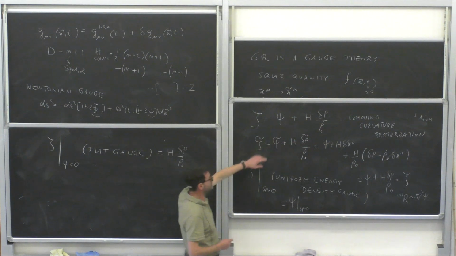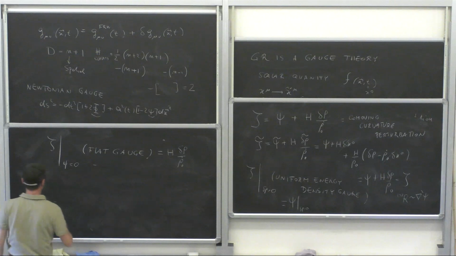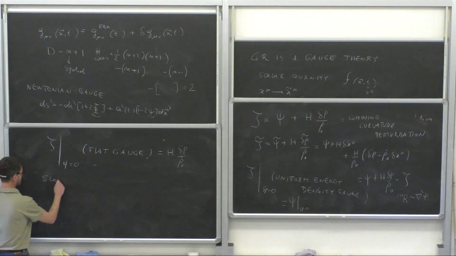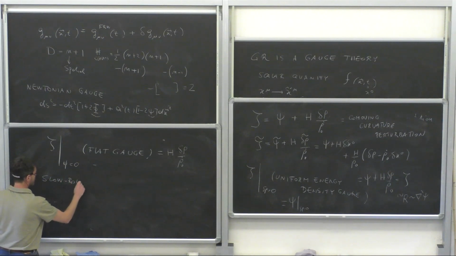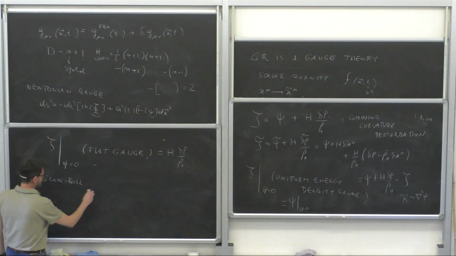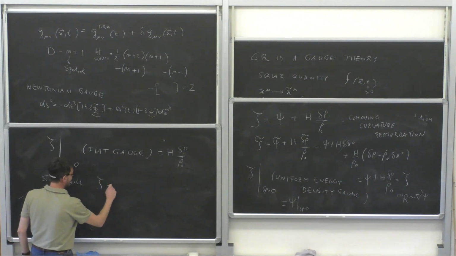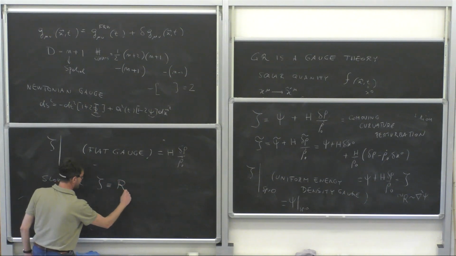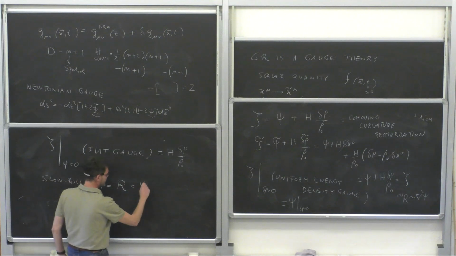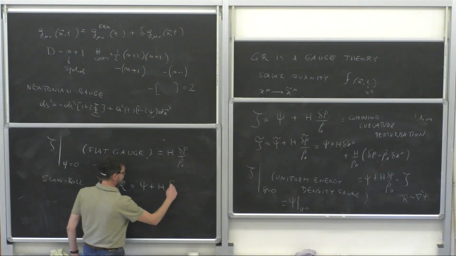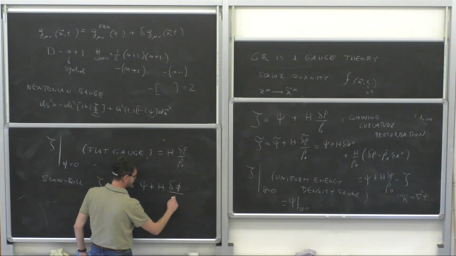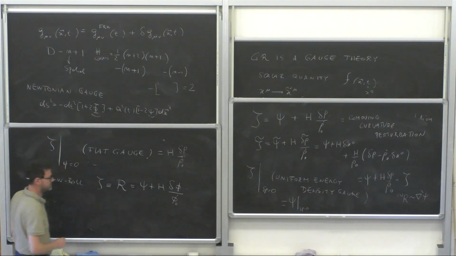In fact, let me show you that in slow roll, this quantity zeta coincides with another quantity which is called R, which is gauge invariant: psi plus H delta phi, my scalar field, divided by phi dot 0. I want to see that in slow roll this is true.